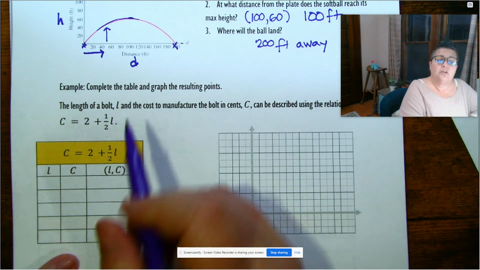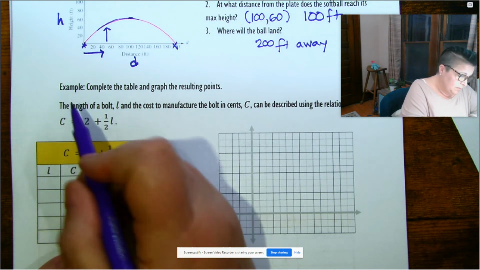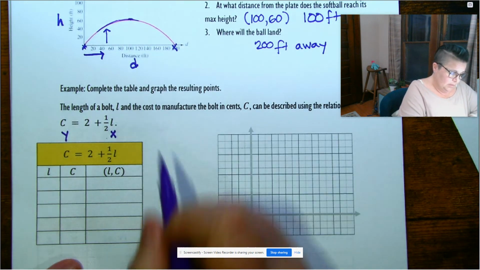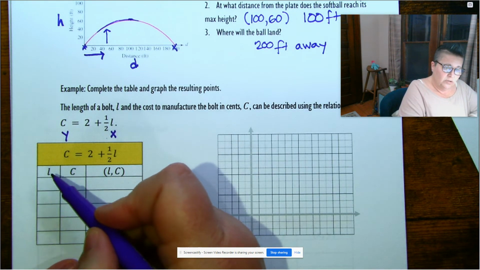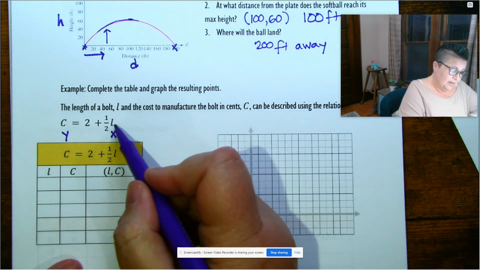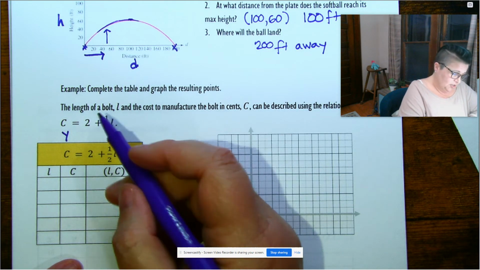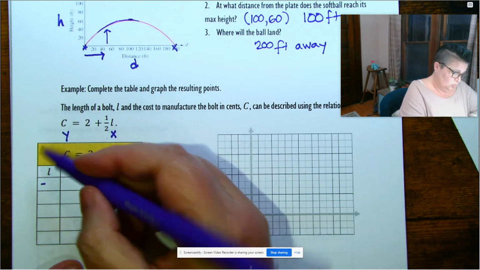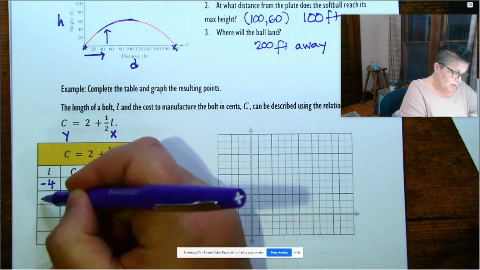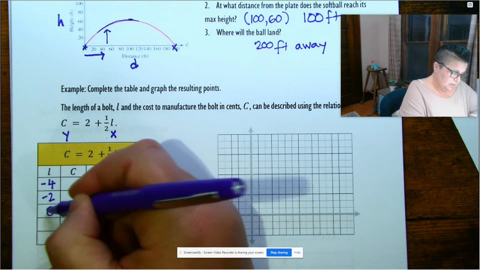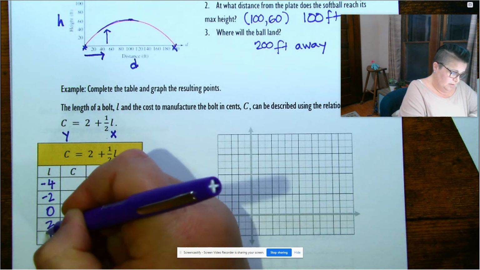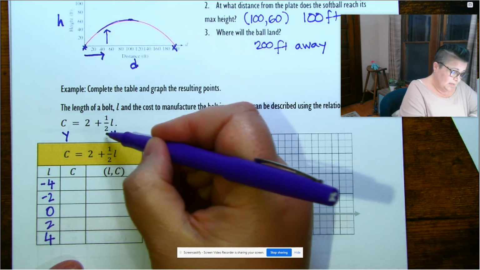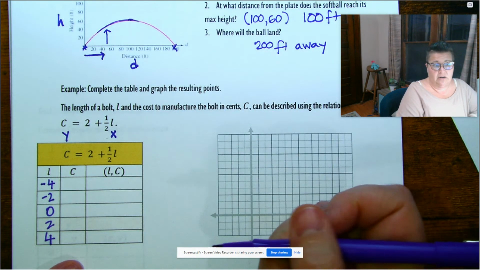Notice this would be like our y, this would be like our x. Since the L's are what we're starting with, and that is being multiplied by a fraction, I am going to start with multiples of 2. I'm going to start with a -4, a -2, a 0, a 2, and a 4. Again, I'm choosing multiples of 2 because 2 is my denominator.